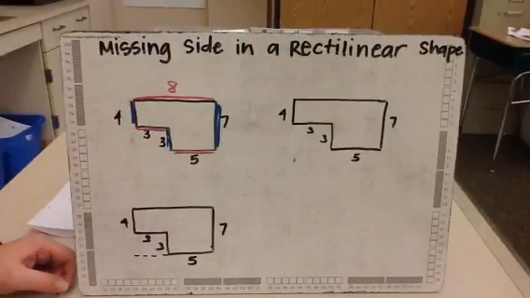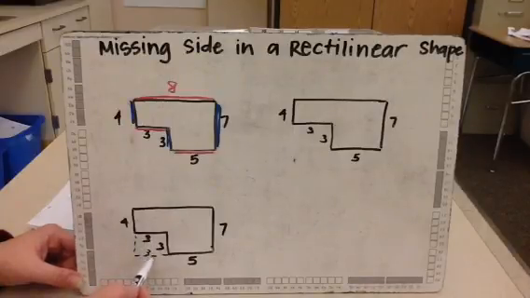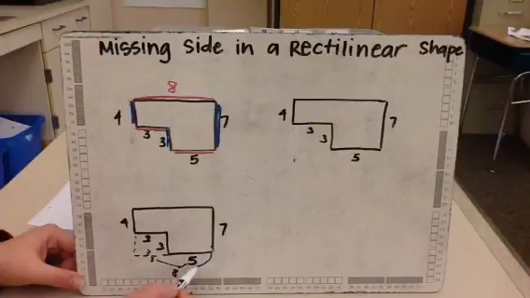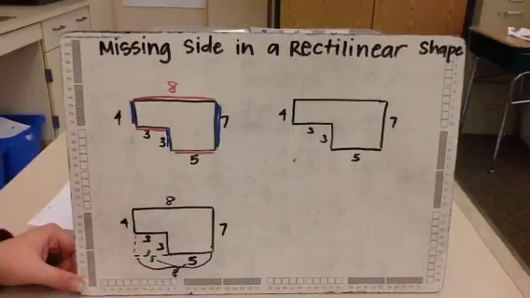So now I can use what I know about rectangles to think that if this existed, this would be 3 because opposite sides are equal. So if this was 3, then these together would make 8. This whole thing would be 8, which then means that the opposite is 8.